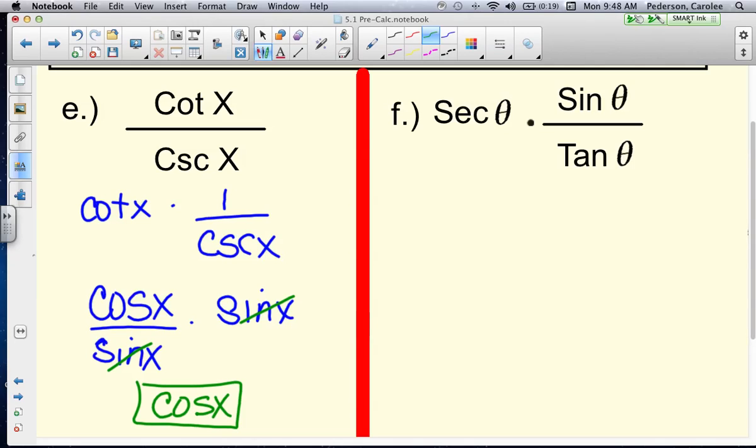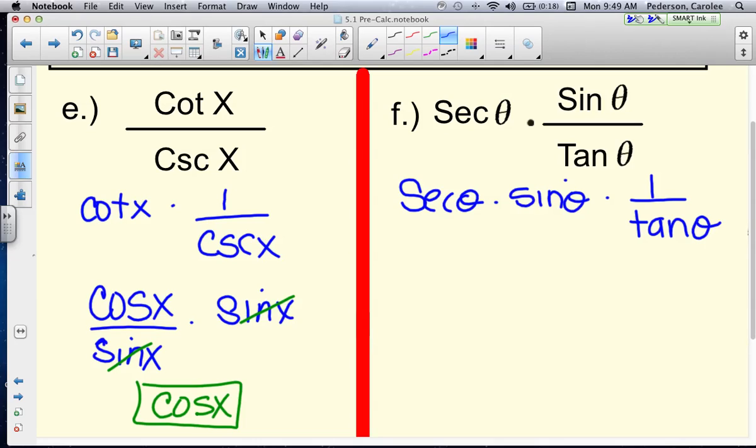Next example, the secant of theta times the sine of theta over the tangent of theta. I'm going to split it up into the 3 pieces again. Secant of theta times the sine of theta times 1 over the tangent of theta.